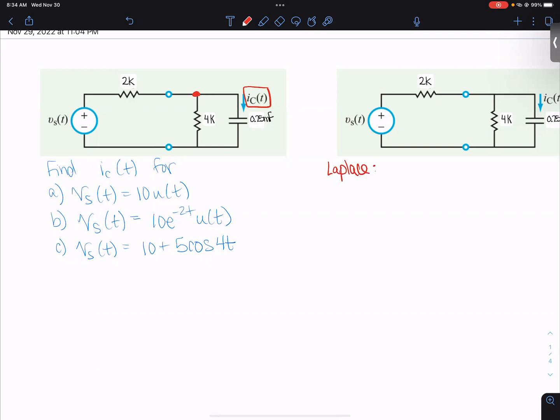For Laplace, you're going to replace the capacitor with 1 over SC. And for Fourier, you are going to replace it with 1 over j omega C. Yep, 1 over j omega C. So take a second to write an equation for IC in terms of both of these, Laplace and Fourier.